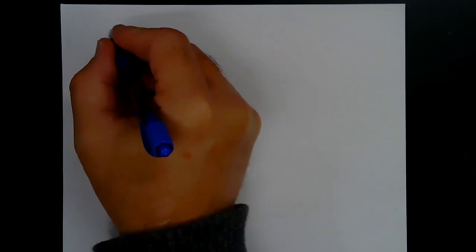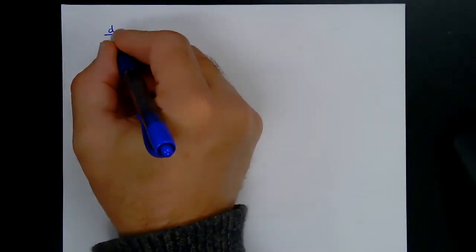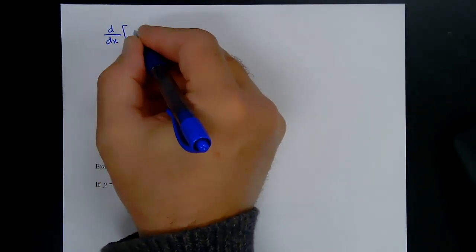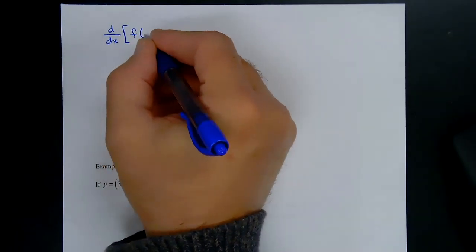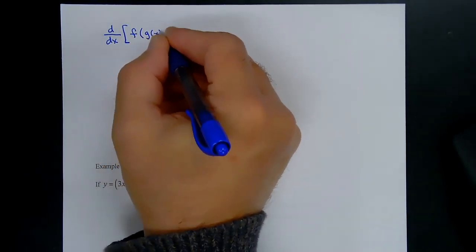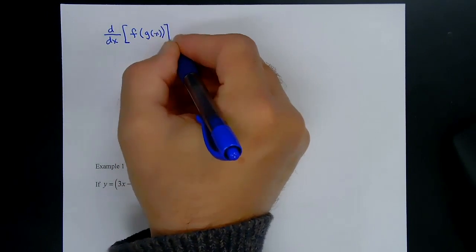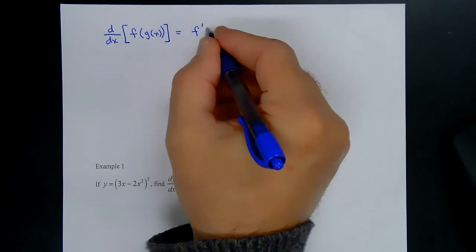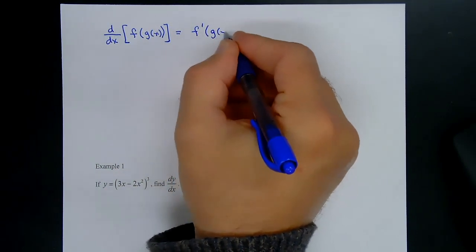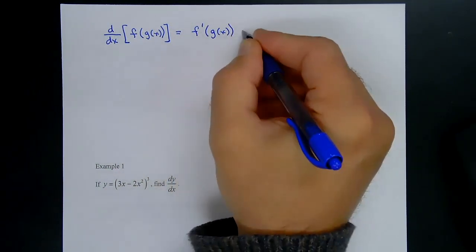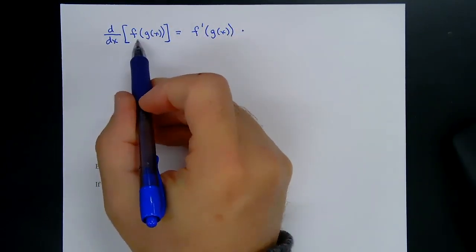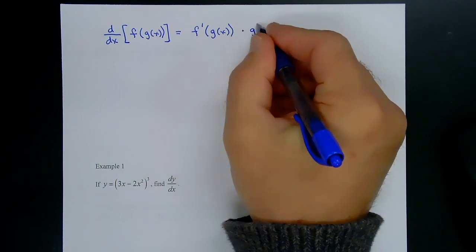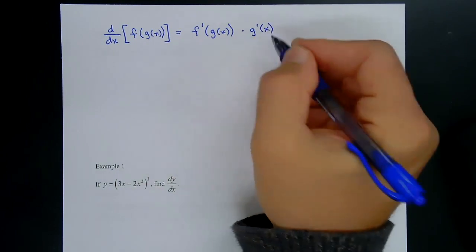So if we want to take the derivative with respect to x of a composition of 2 functions, so f of g of x, then that must equal f prime of g of x. This is what we figured out on the last page. Okay, so the derivative of the outside function, keeping the inside, and then times the derivative of that inside function.